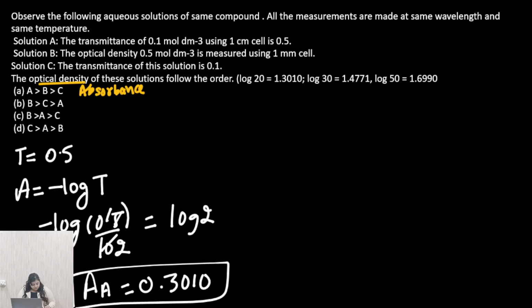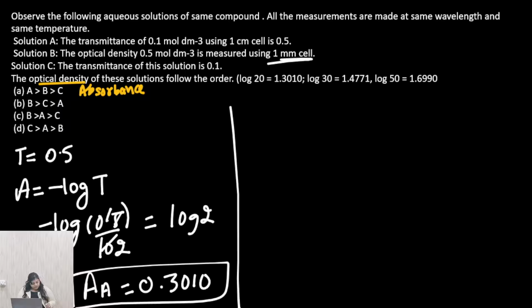Now the next solution that we are having says the optical density of this much concentration solution is measured using the 1 mm cell. So for the other solution, its concentration value is given to us, and the cell which we are using is a 1 mm cell.